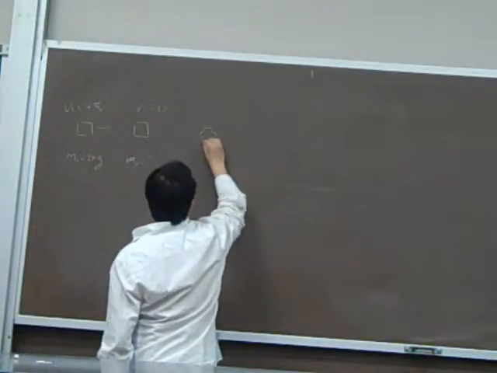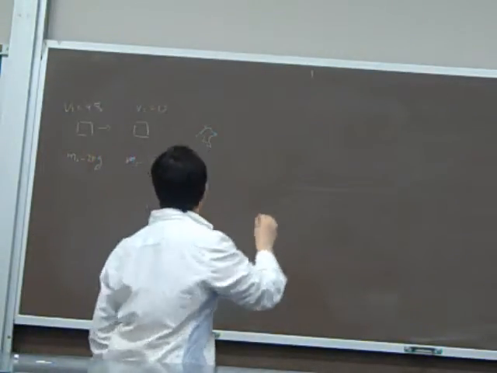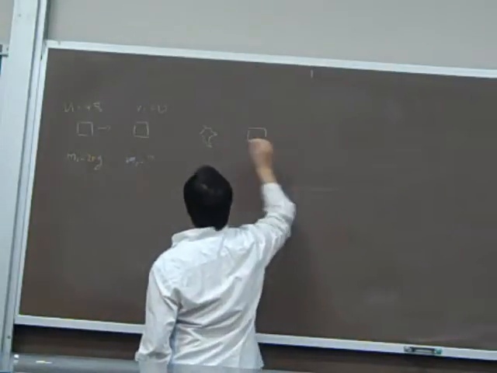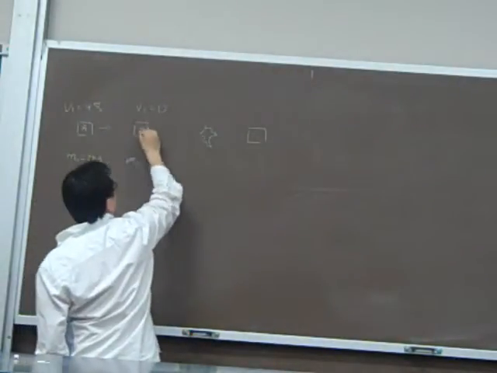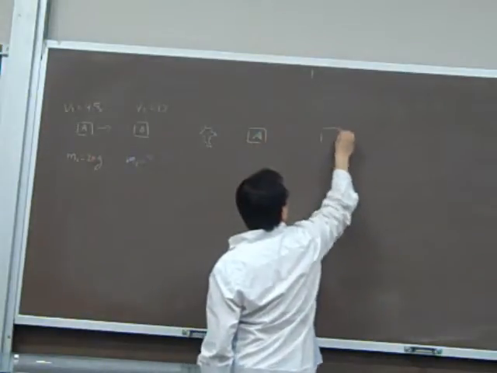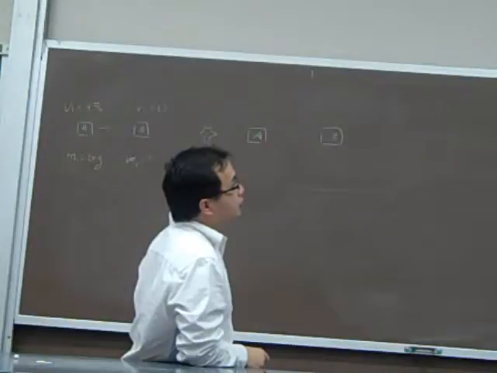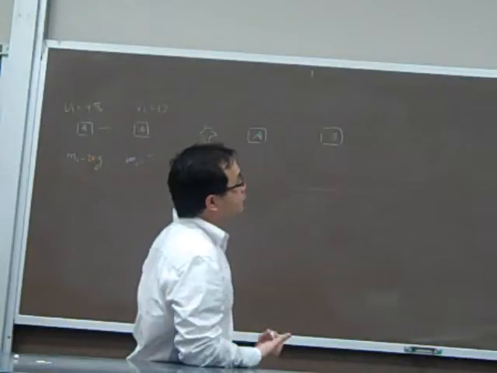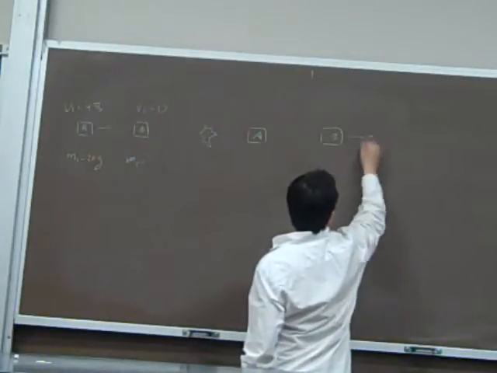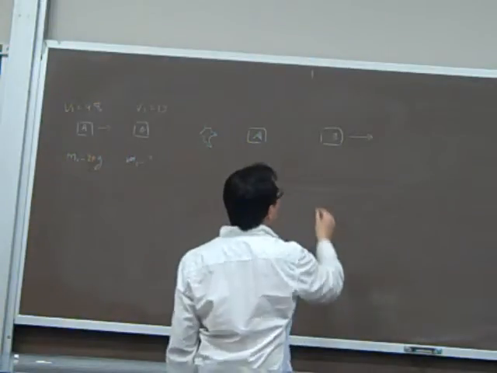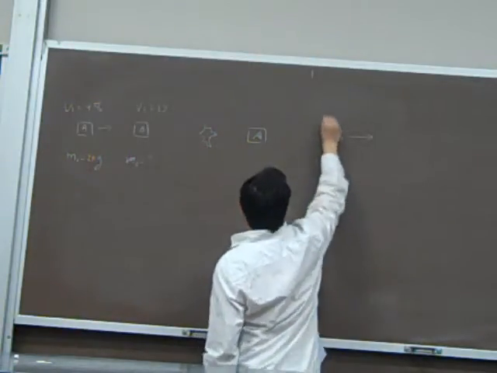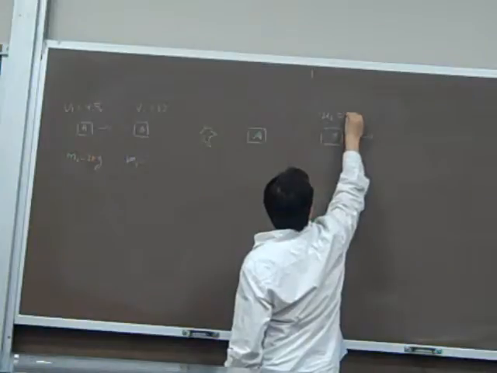And after collision, what we know is that the block B moves to the right with the speed 2 meters per second. So U2 equals 2.